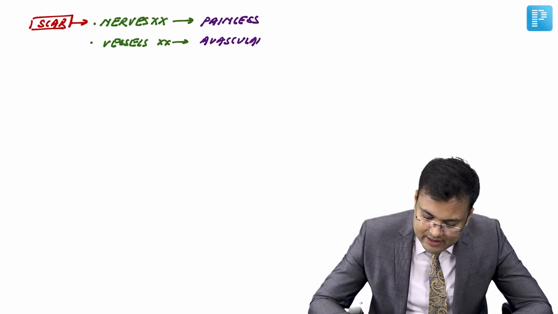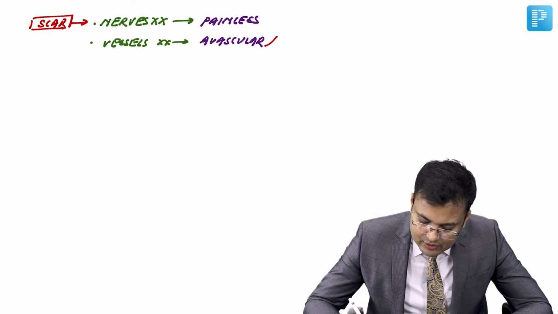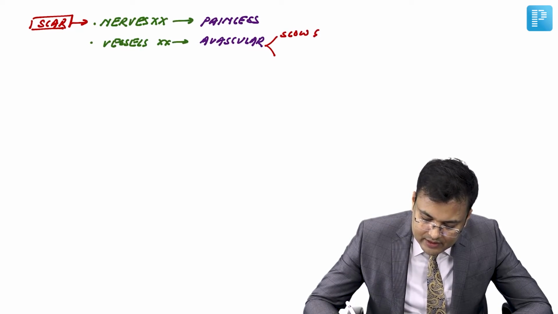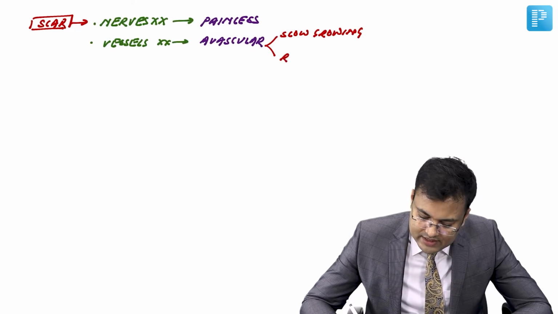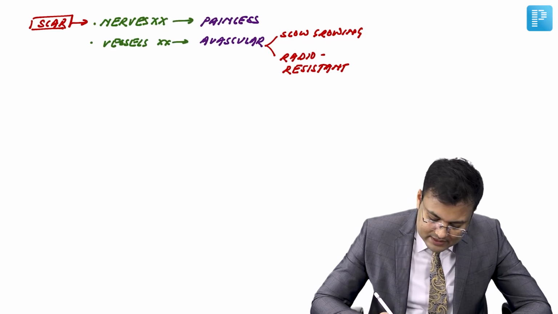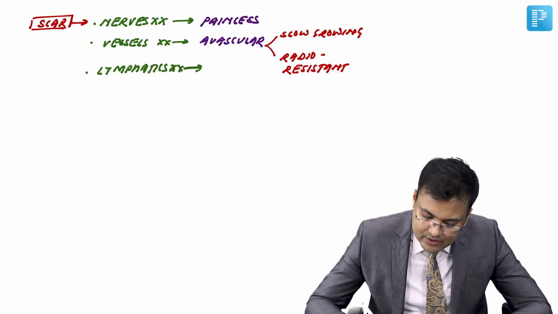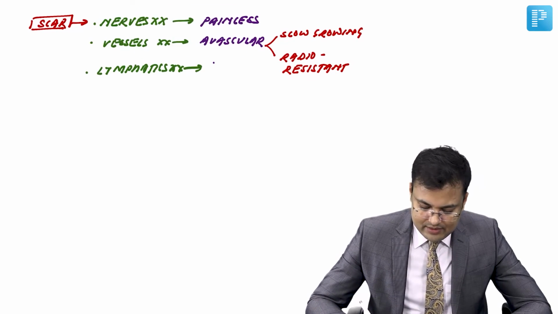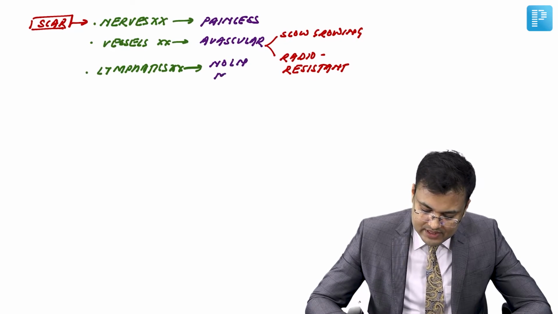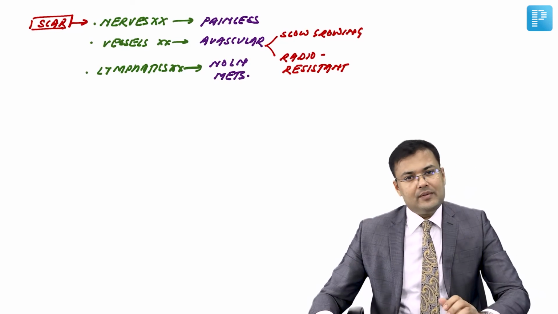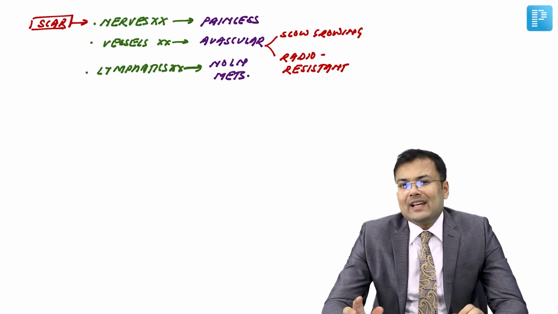And if the tumor is avascular, it means it is slow growing and radio resistant. Simple. After that, lymphatics are also destroyed. So since lymphatics are destroyed, there is no lymph node metastasis, right? These points are clear.